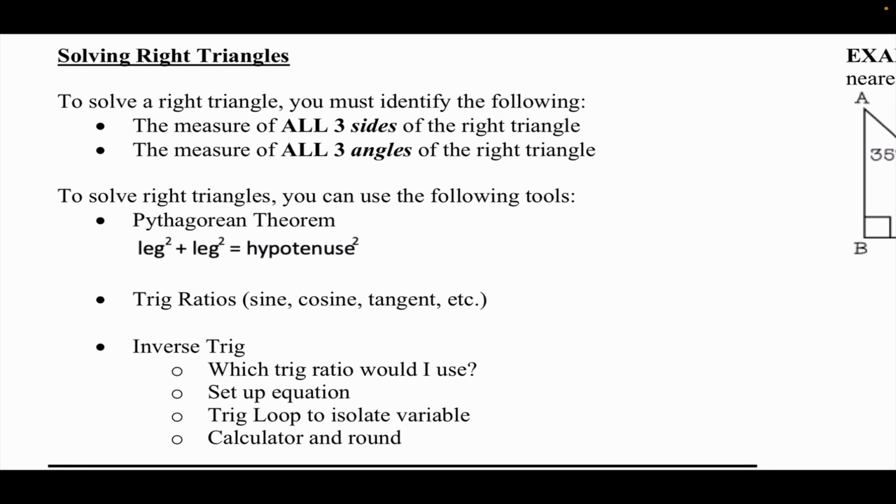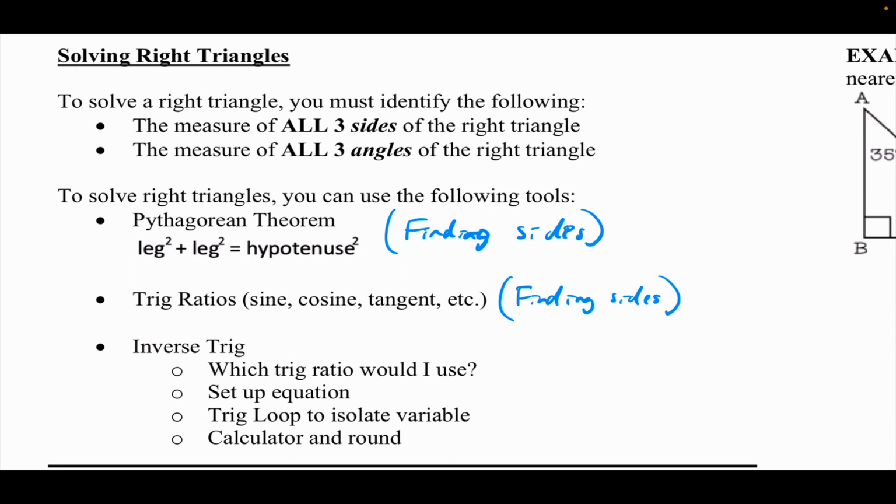What are our tools? Well, one of them you learned in 8th grade. It's called Pythagorean theorem. When do we use Pythagorean theorem? This is for finding sides. Trig ratios is also for finding sides. Those are what we did last time. If I need to find sides, I use one of those 2 guys.